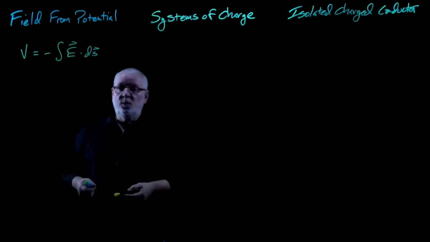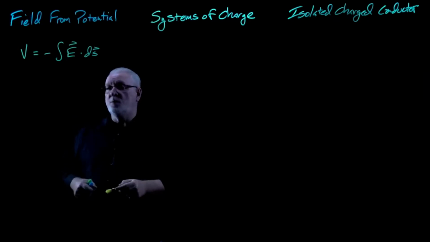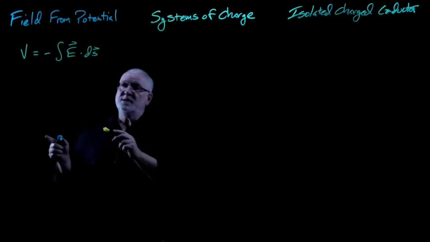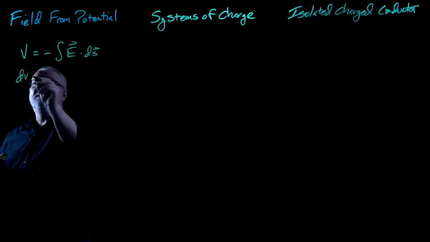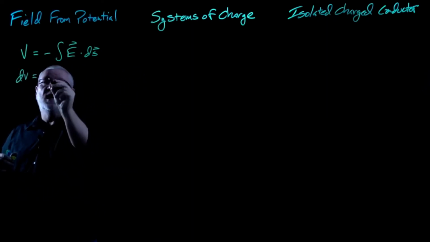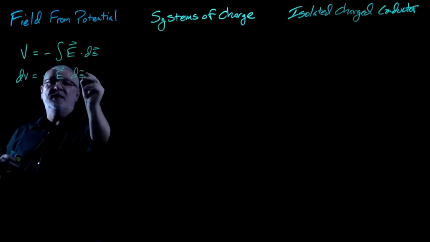Well, as we've done with calculus, every integral can really be turned into a derivative, and that's what we want to look at doing now. If we instead rewrite this integral as dV and then remove the integration sign, it's the negative dot product between E and ds.